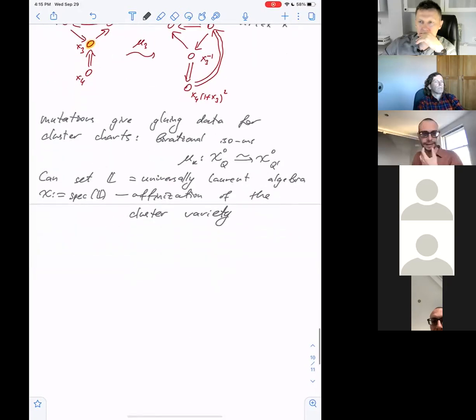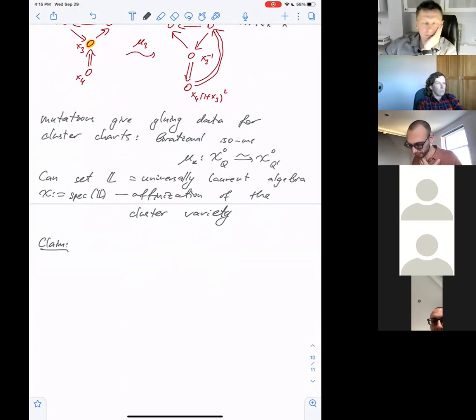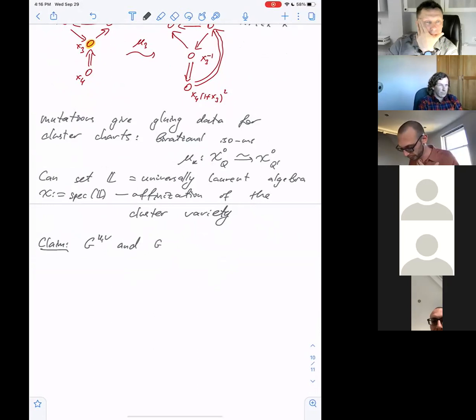And basically, the claim, as in my setup, comes as a combination of work of Gekhtman, Shapiro, Vainshtein, and Goncharov, and Berenstein, Fomin, Zelevinsky, but originally in some other setup was proved by Berenstein, Fomin, Zelevinsky, is that GUV, and I guess I should add guys like Gus Schrader as well, GUV and GUV mod H are cluster varieties.